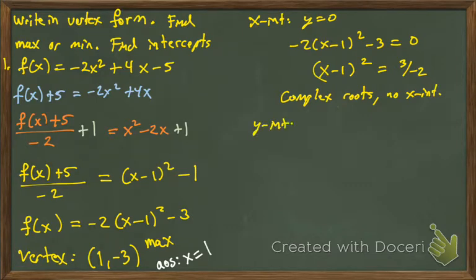Now if we want to find the y-intercept, that's easier, that's x equals 0, so you can plug it into the vertex form or the original equation, so the y-intercept is going to be 0 and minus 5. So what we're going to do is grab all this stuff, go on to the next screen here, and use all that information to actually graph the parabola.